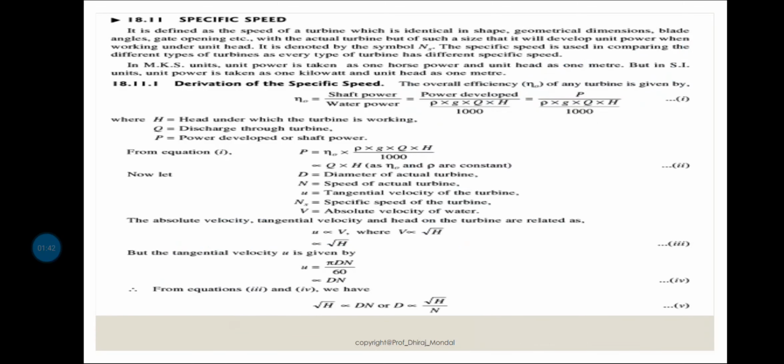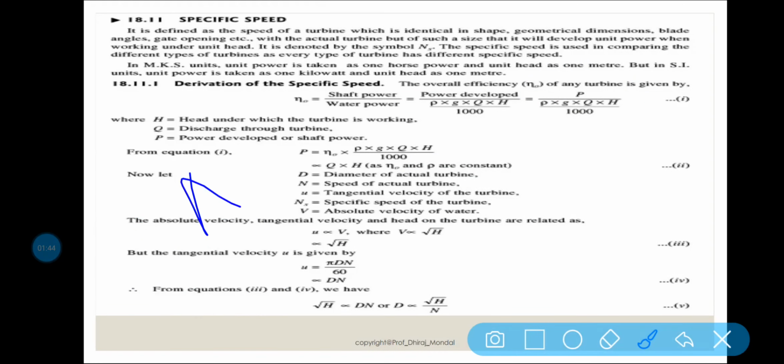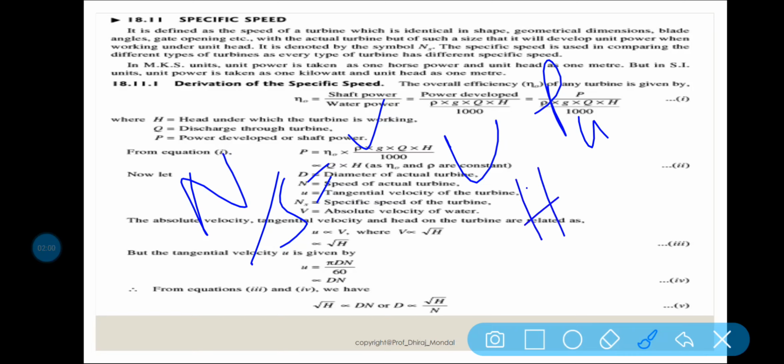If you determine the specific speed of that model, and it is the same, then it will be identical in nature. That means the unit power, unit work, and efficiency, all these unit head, will be the same.